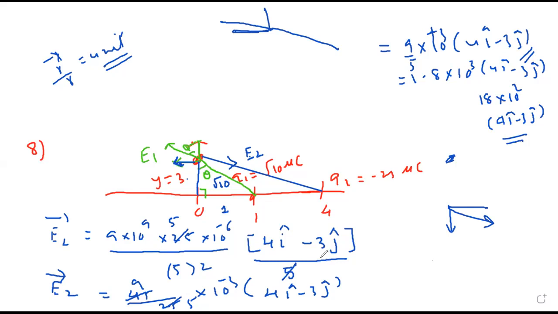Shall I clear full? So net intensity E bar equals E1 bar plus E2 bar.